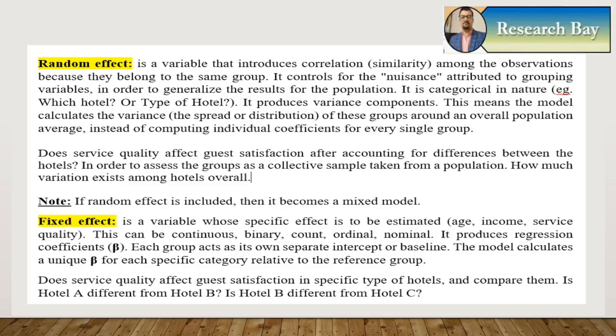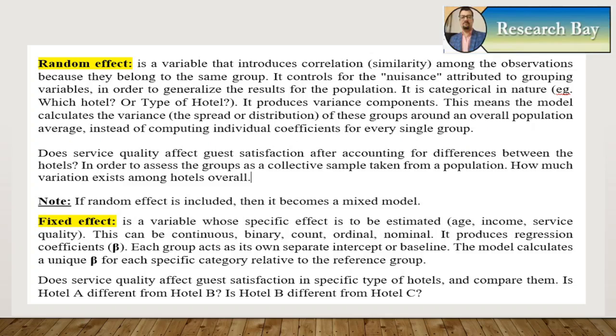It is categorical in nature. For instance, which hotel or which type of hotel, and it produces variance components. By variance components, I mean the model calculates the variance, that is the spread or distribution of the data points of these groups around an overall population average, instead of computing individual coefficients for every single group.